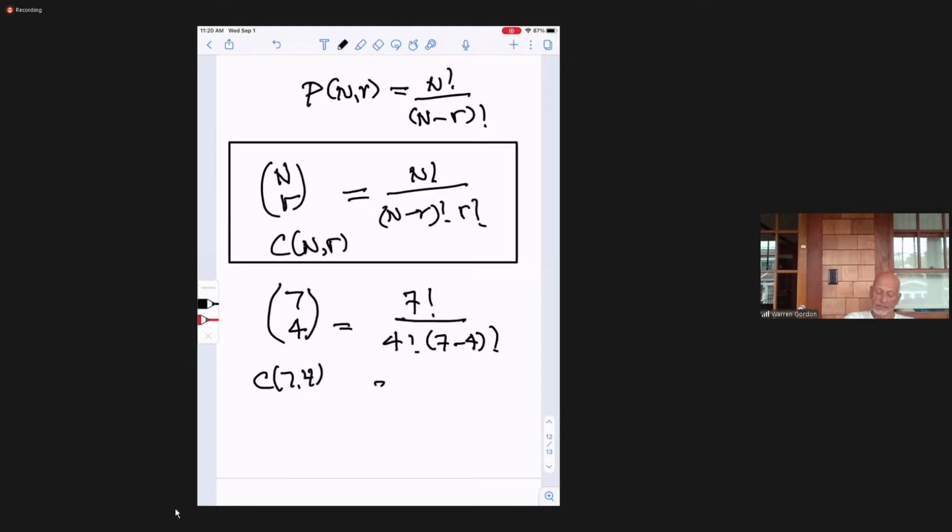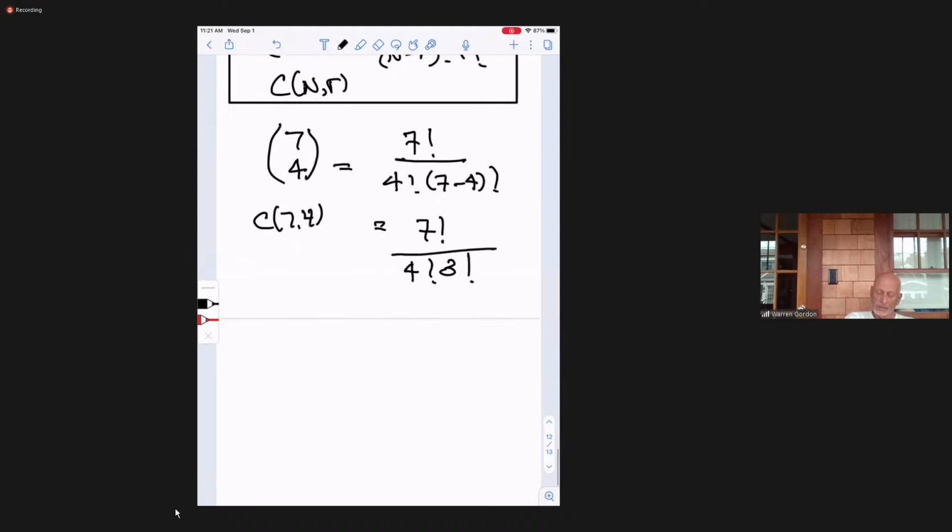Notice the numbers in the denominator add up to the numerator: 4 plus 3 is 7. To compute this, I write 7 times 6 times 5, stopping at the largest number in the denominator. Then I have 4 factorial, and then 3, 2, 1. The 4 factorials cancel. 3 times 2 is 6. I get an answer of 35.